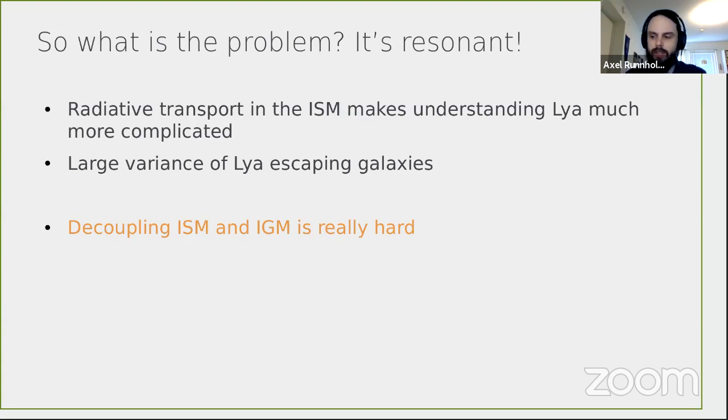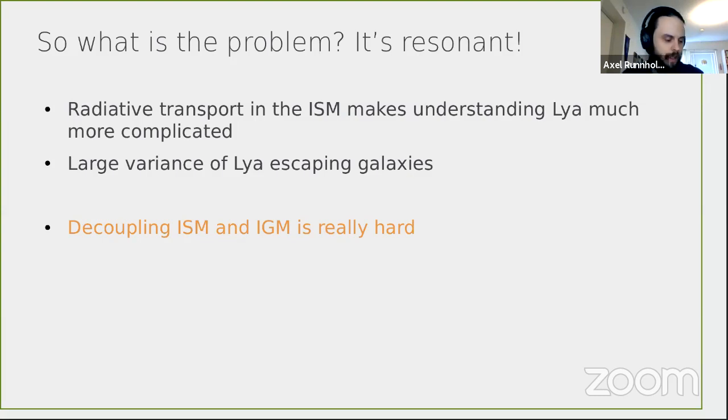When we look at low redshift galaxies, or galaxies in general, we see a large variance in the amount of Lyman Alpha that is escaping, both in luminosities and in escape fractions. So the problem becomes trying to decouple the ISM and the IGM, and that turns out to be very difficult.